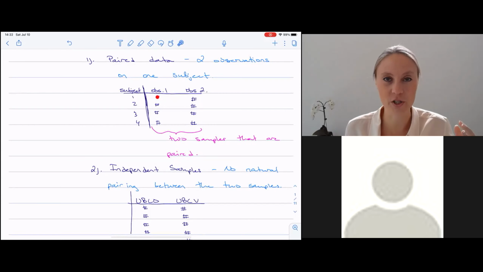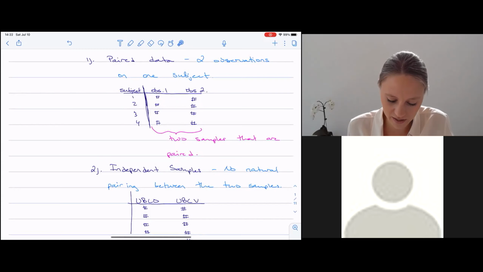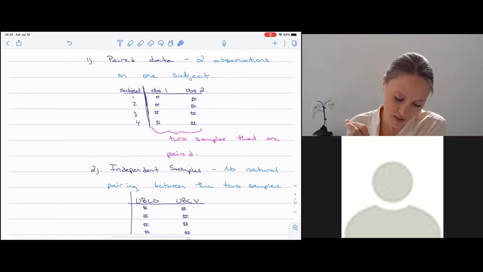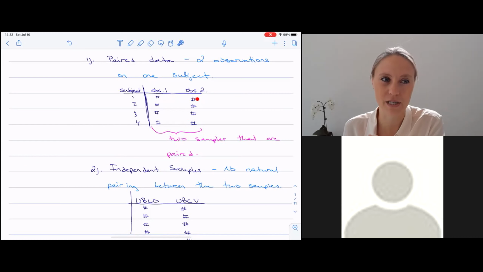And so to capture that activity, is there a difference for subject 1? What I do is make a new column, and each column is considered a sample. So I make a new column of the differences. I calculate each of the differences as I move across here, so observation 1 minus observation 2, for example.